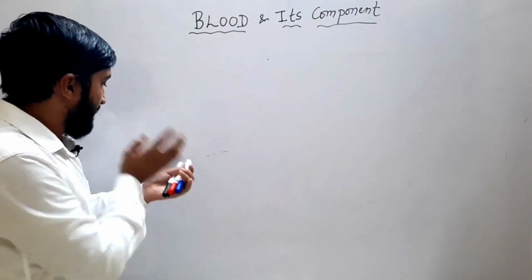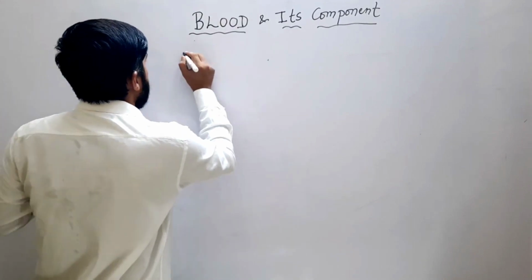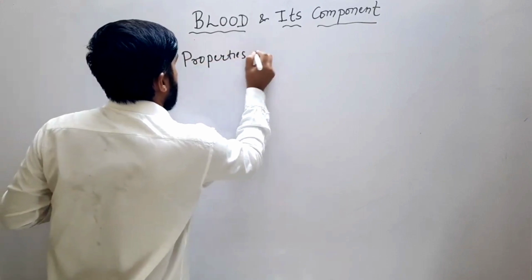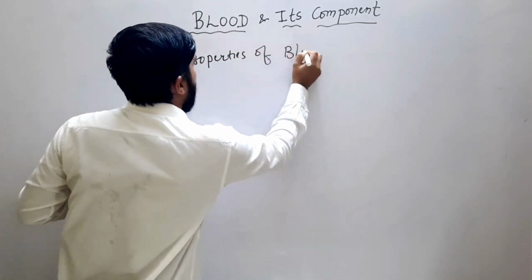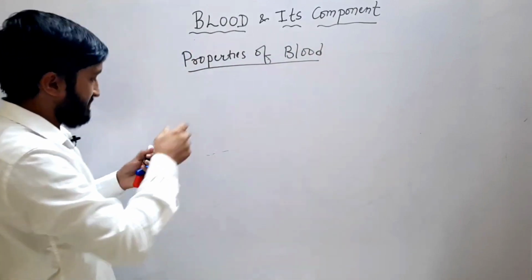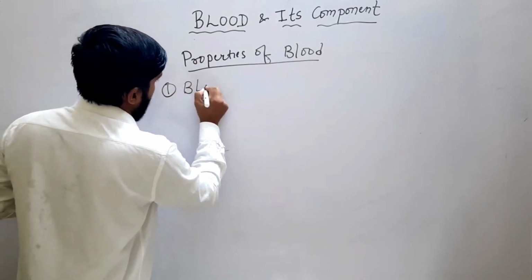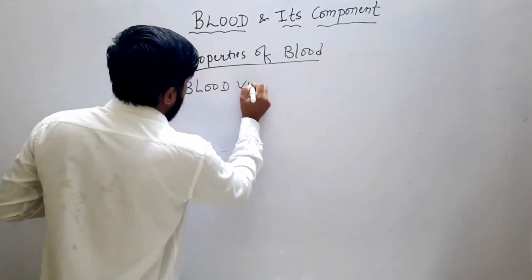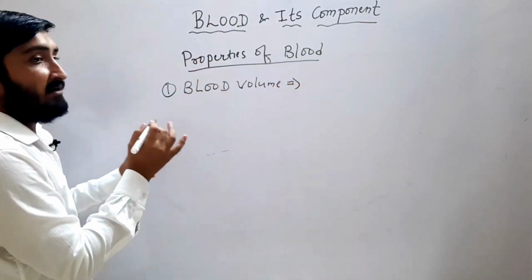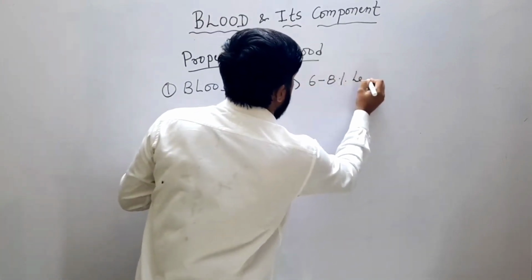Now the properties of blood I will discuss with you all. Properties of blood. Okay, first let us discuss its volume. Blood volume. Generally the blood volume is around 6 to 8% of the body weight, lean body weight.